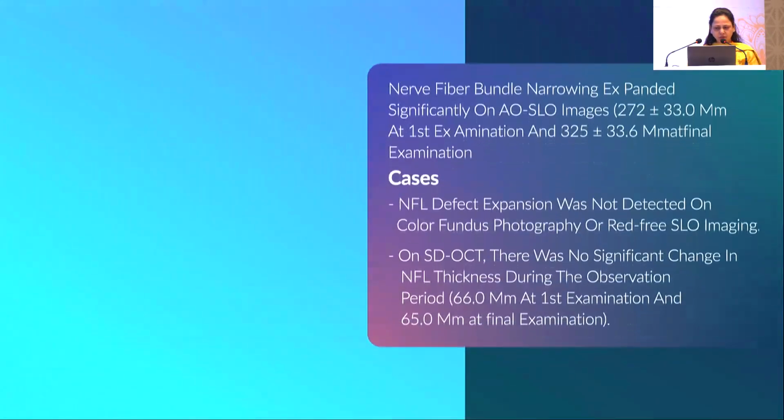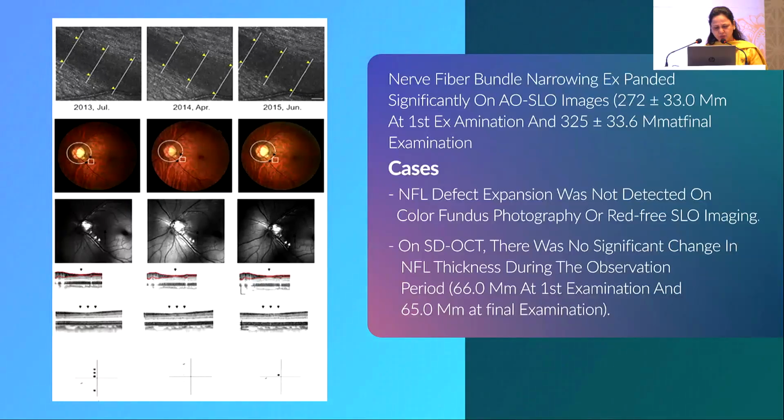So now, coming to you and presenting two cases which are definitely from the literature, a female was observed from 2013 to 2015, and as we can see from the topmost picture, these are the expansion of the RNFL bundle narrowing.